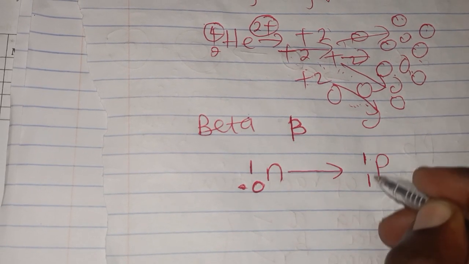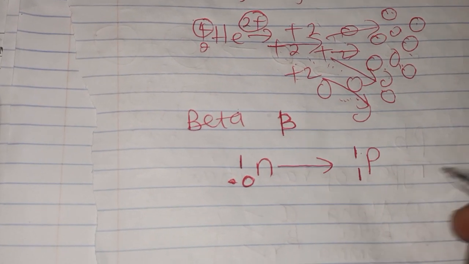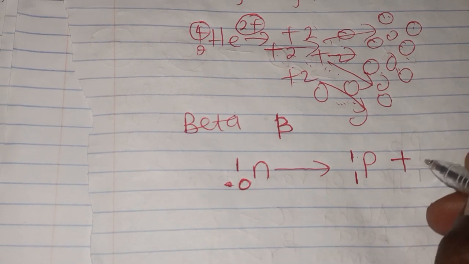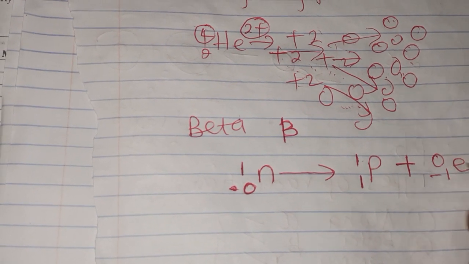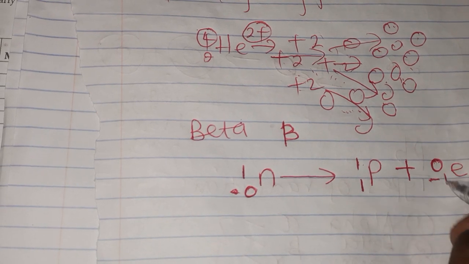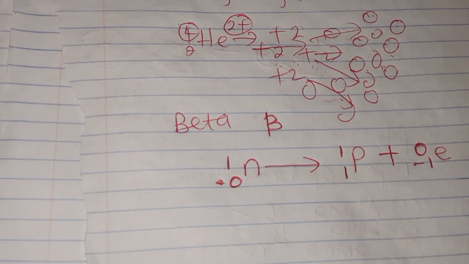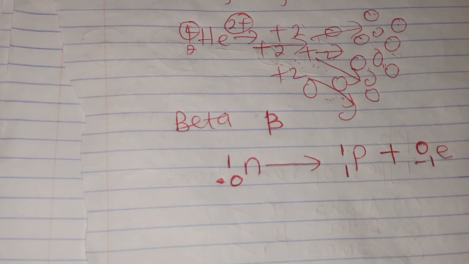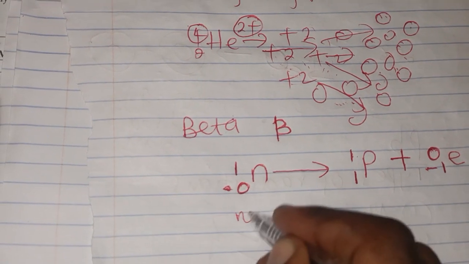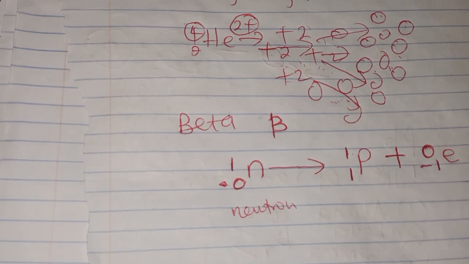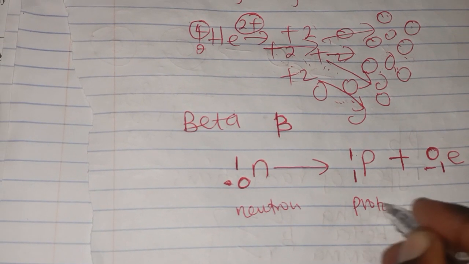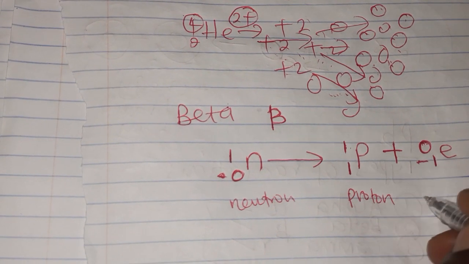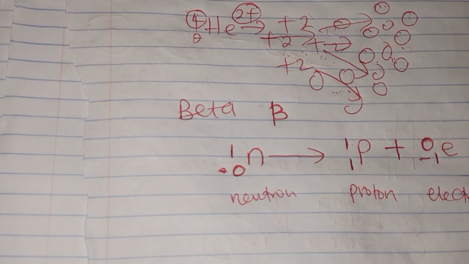On splitting, the neutron ends up forming a proton with a mass number of 1 and a proton number of 1. And further, it can also form what we call an electron with no mass number but now negatively charged. So this is a neutron from the nucleus getting split to form a proton again within the nucleus, and also an electron is released.